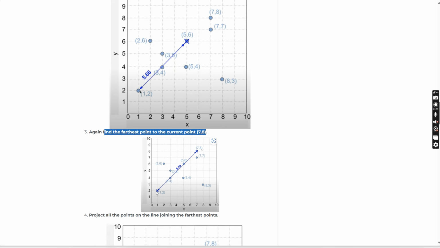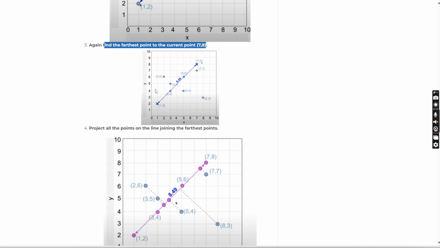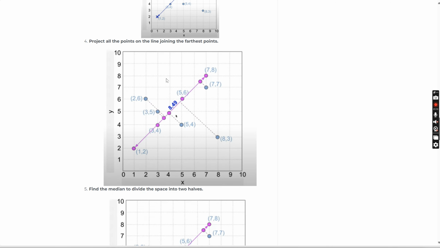So that means from 1 to 2 to 7 to 8, it has calculated that they are the farthest two points in all the data, and now it projects all the points on that line, nothing but your best fit line. It's somehow trying to come up with the best fit line.